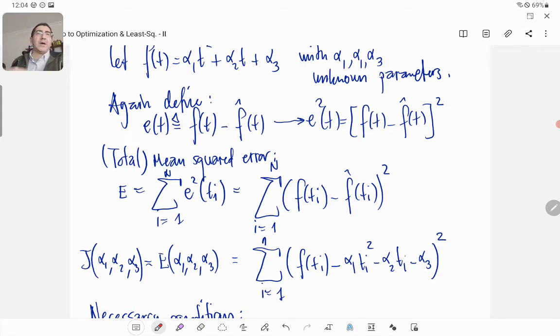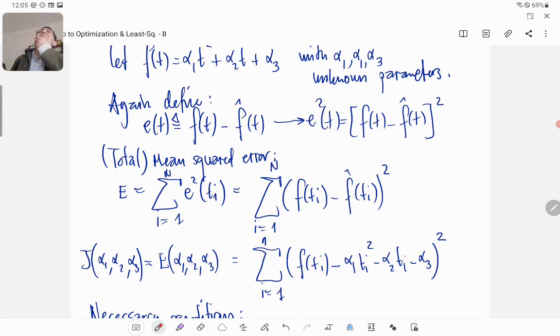You sum the errors over all data points and you try to find the minimum of that total or mean squared error. That is why this topic is called the method of least squares. And it's used everywhere, from training neural networks to fitting functions to fitting transfer functions to data and so on.